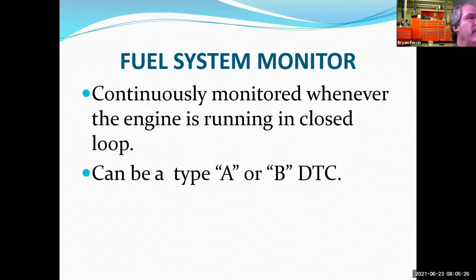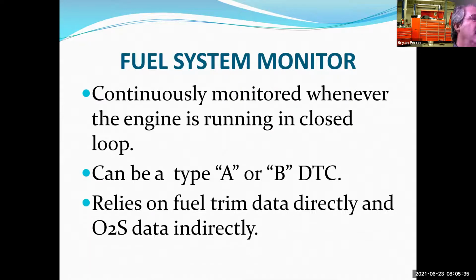These can be an A or B type DTC. Normally we see these as a 2-trip or a B type DTC. It relies on fuel trim data directly and the O2 sensor indirectly.